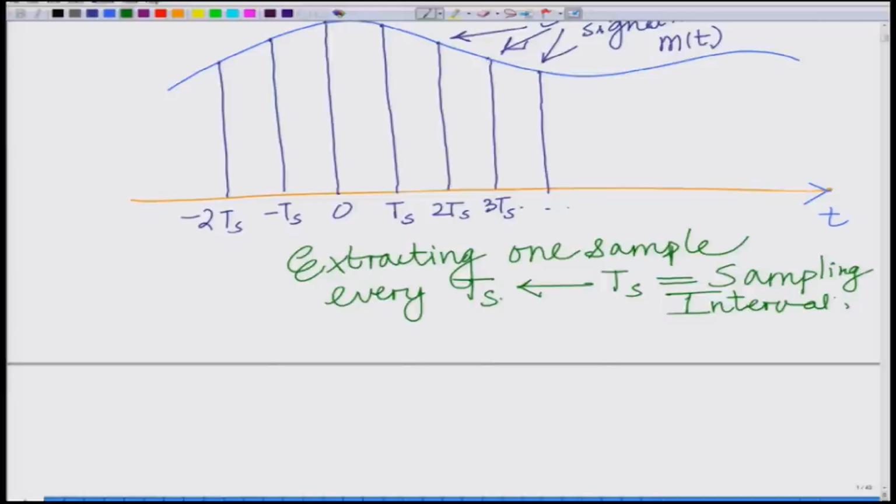This is a periodic process, it is repetitive, that is after every Ts you extract a sample: minus 2Ts, minus Ts, 0, Ts, 2Ts. So, at every multiple of Ts you are extracting a sample. Ts is the sampling interval, that is the period of sampling, and 1 over Ts is the sampling frequency.